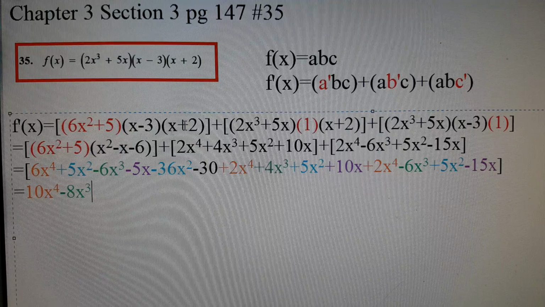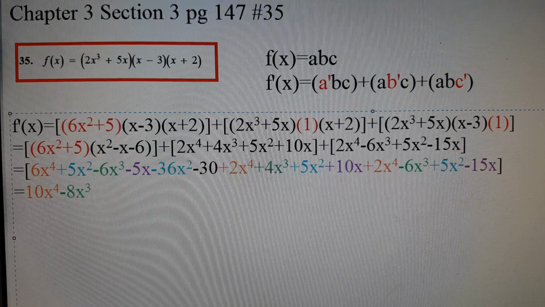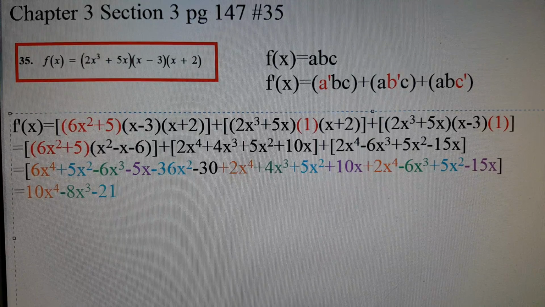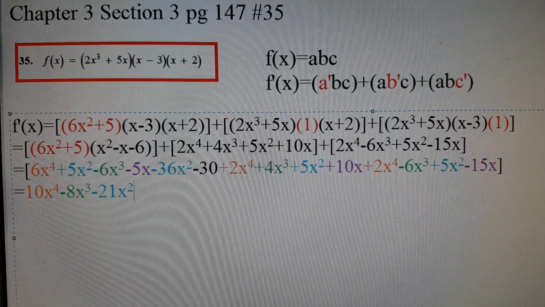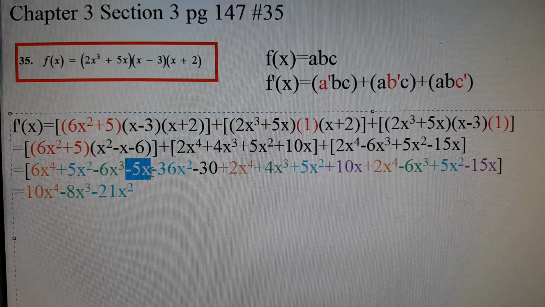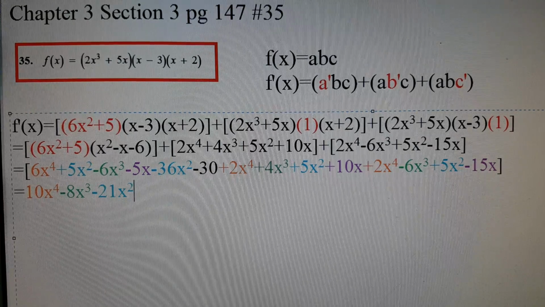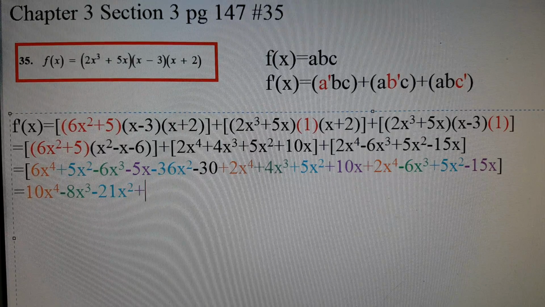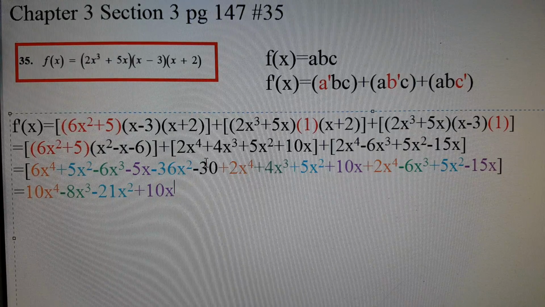Blues, we have a plus 5x squared, plus 5x squared, plus 5x squared, minus 36x squared. So that becomes -21x squared. Then move on to our purple. 5, 10, minus 15. So that's 10x plus 10x.